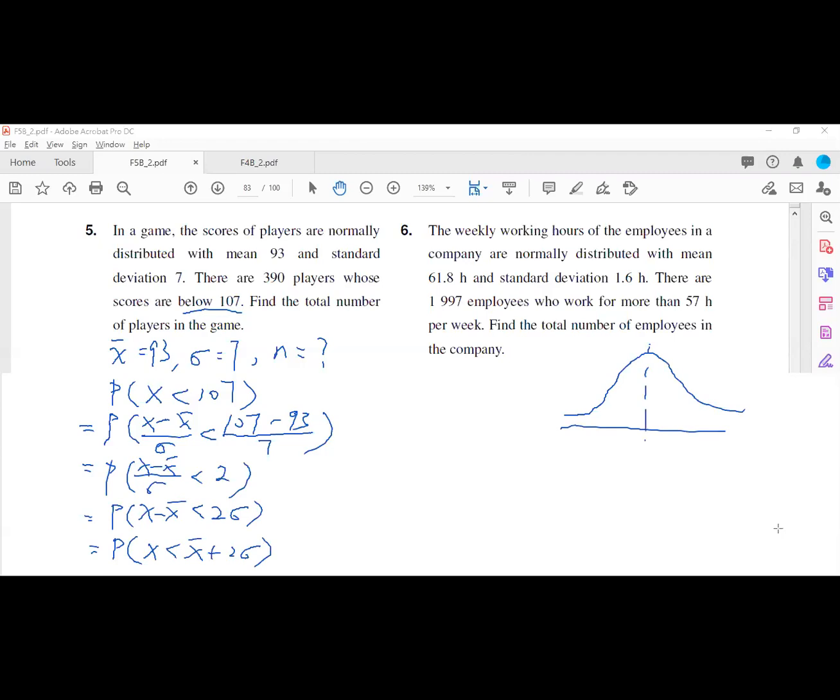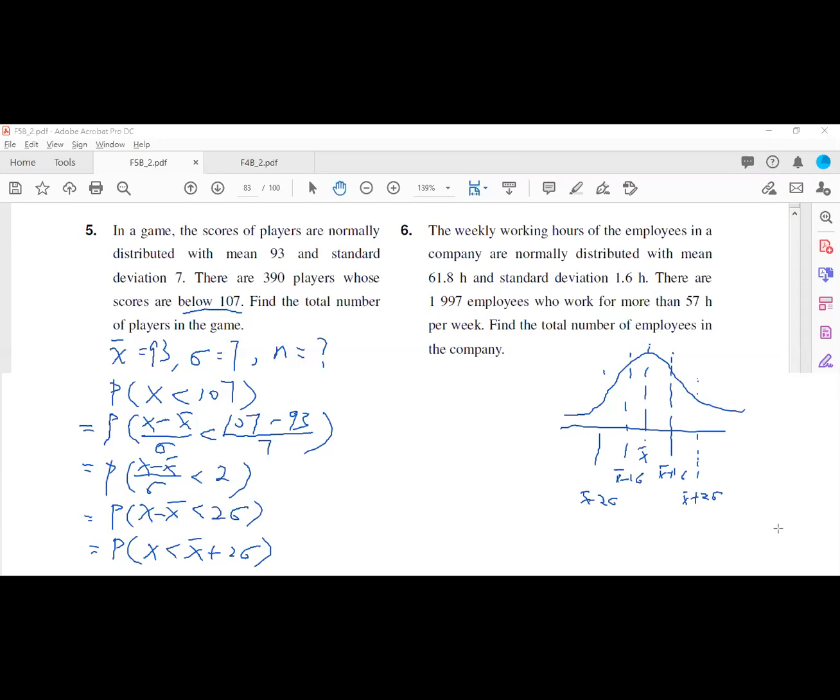Middle line is x bar, and then we have x bar minus 1 sigma, x bar plus 1 sigma, x bar minus 2 sigma, x bar plus 2 sigma, and so on. Let's draw the red region first. This time the x is less than x bar plus 2 sigma.